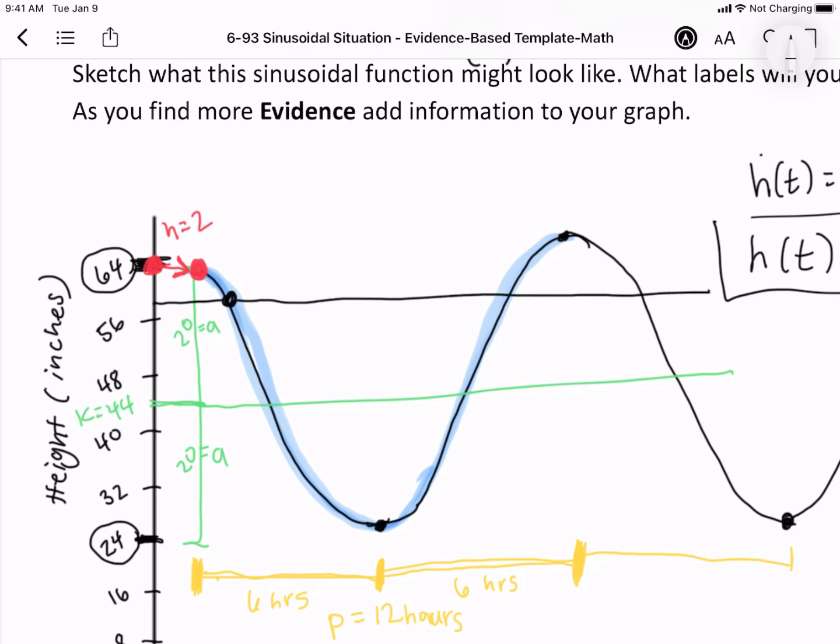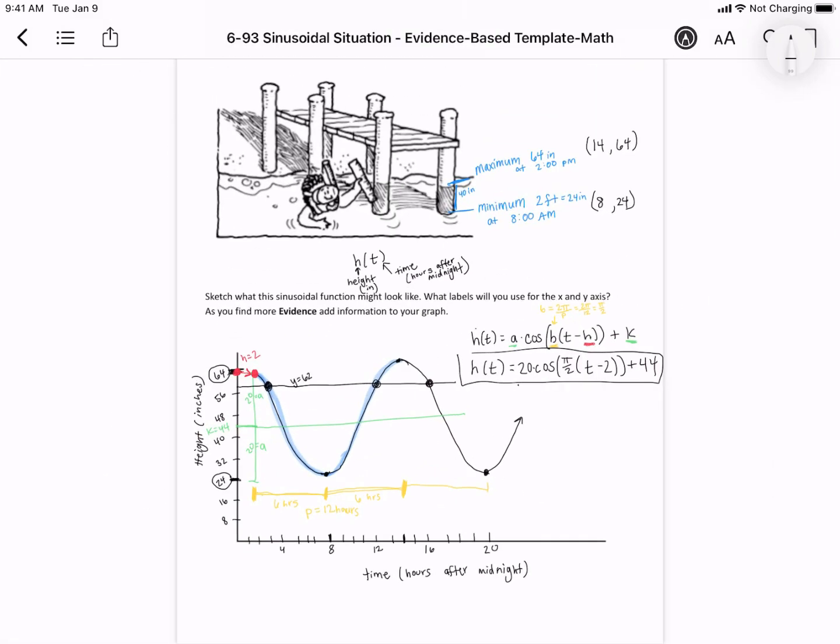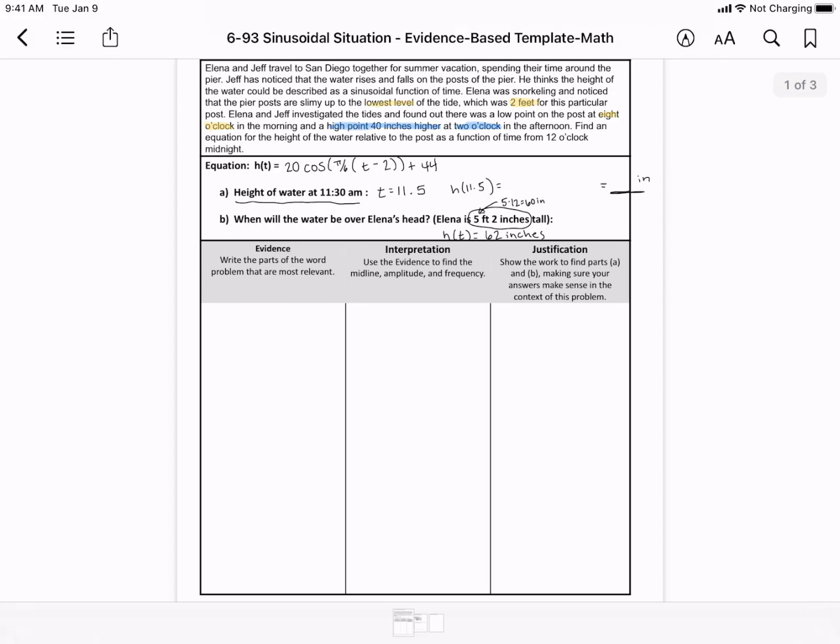This would be the line y equals 62, and you would graph our equation, and you would figure out the times that they intersect. And you just need to find one of those times. But I'm going to have you try that as well. So go to Desmos, graph our equation, graph 62, and figure out where they intersect. And that will be the answer there.